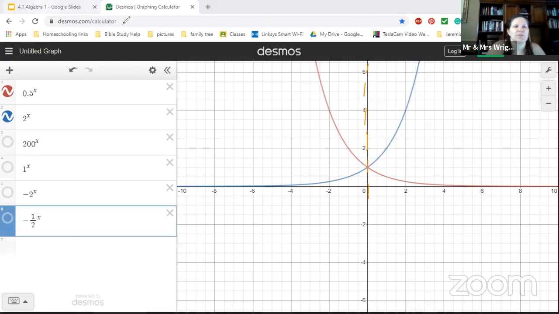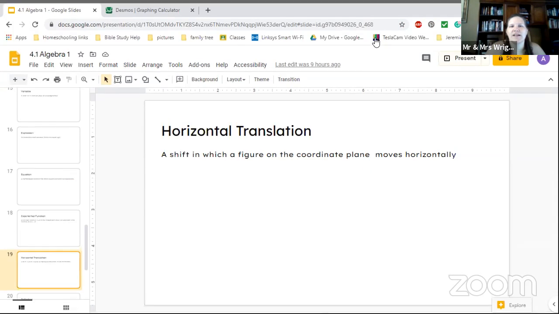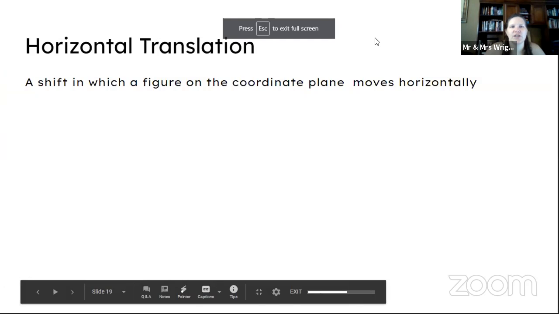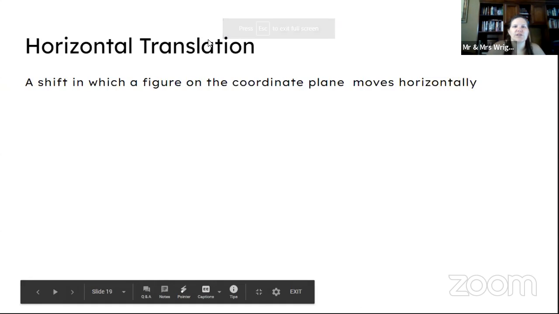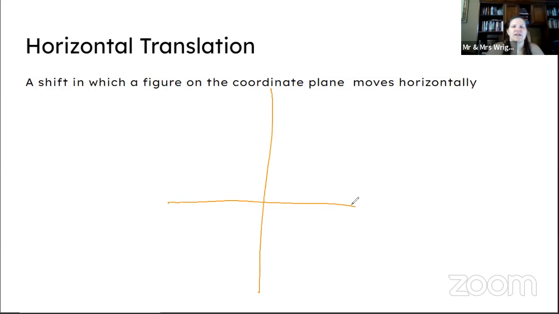And that actually brings us to our next slide here, horizontal translation. A horizontal translation is a shift in a figure on the coordinate plane. That's that word I couldn't think of earlier, the coordinate plane that moves horizontally. So we have got a graph.